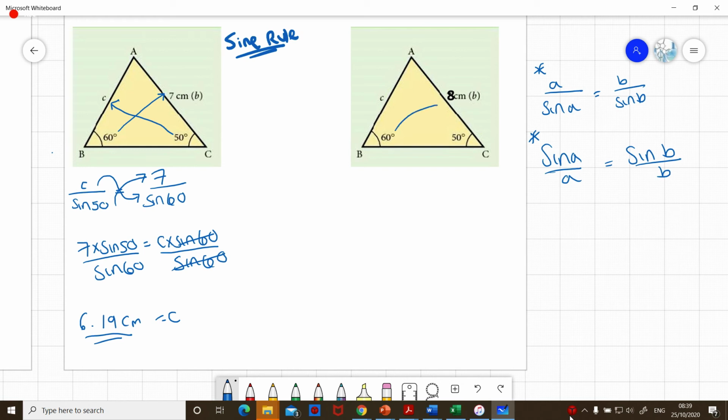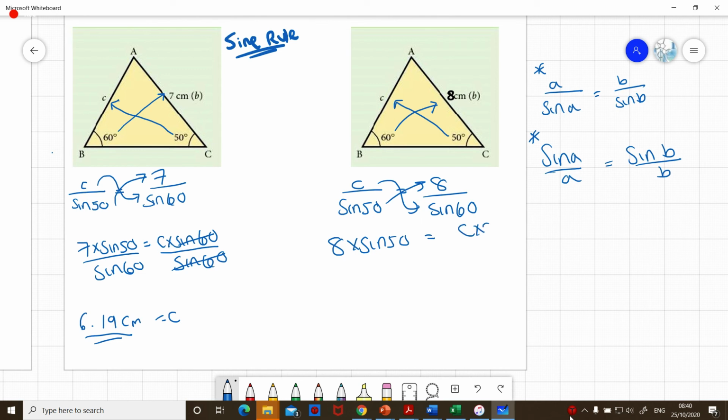So, again, I do my X, I put this one here, and I put this one here. I put C over sine 50 is equal to 8 over sine 60. I cross multiply, so 8 times sine 50 is equal to C times sine 60.